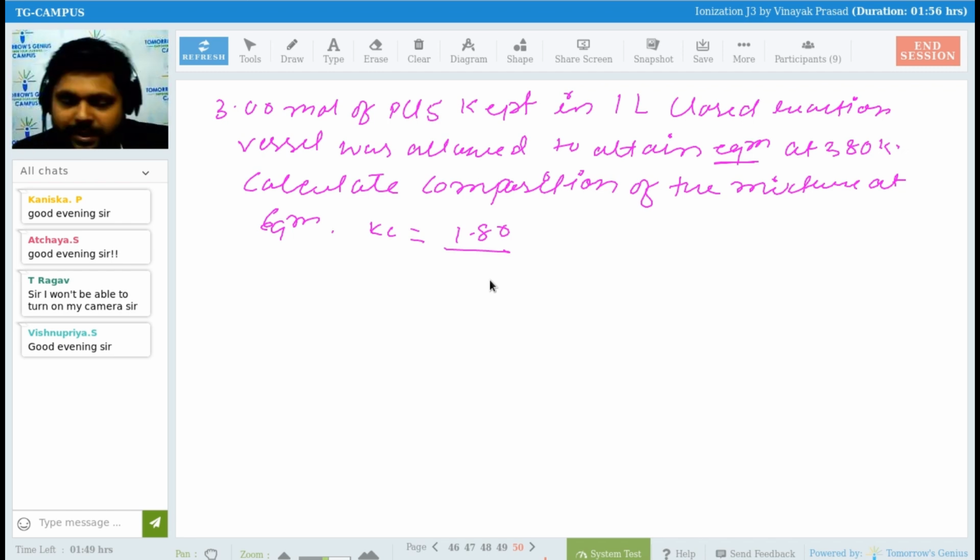There is less chemistry, more mathematics. I hope those who are familiar with the quadratic equation, they will be able to solve this question easily. What is the quadratic formula? Who is knowing this quadratic formula? I hope everybody is knowing. Students from a mathematics background are knowing the quadratic formula. Is it okay? Try to solve this question then.